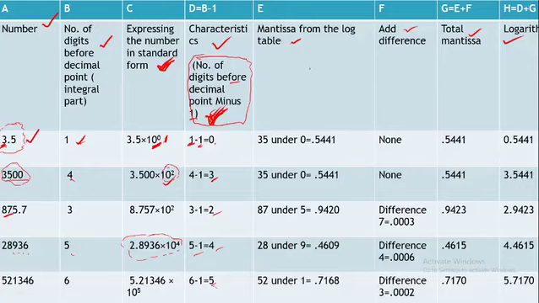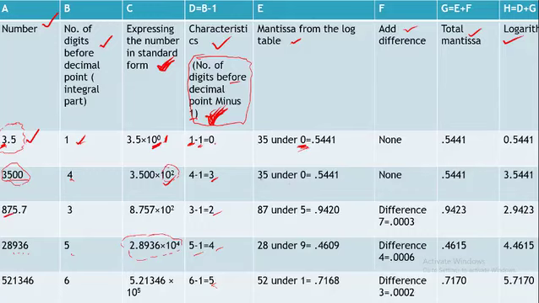Fine. Then for searching for the numbers in the log table, I taught us how to do that a short while ago. So we search for 35 under 0. And when you search for 35 under 0, you have 5441. Is that correct?